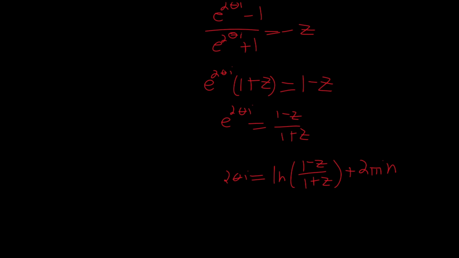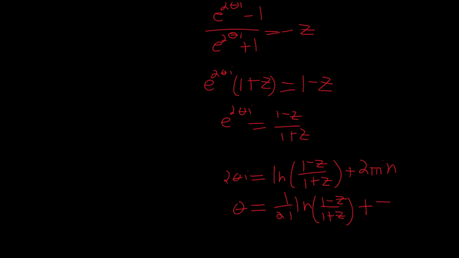And that right there is just because if we multiply by e to the 2 pi i times any integer, that's the same thing as just multiplying by 1. So what we're going to do now is actually just divide by 2i. So now we have theta is equal to 1 over 2i, natural log of 1 minus z over 1 plus z, plus 2 pi, apologies, the 2's and the i's cancel.